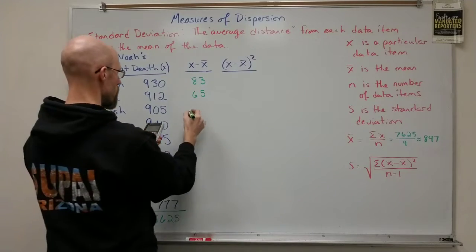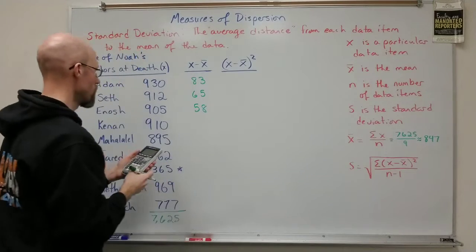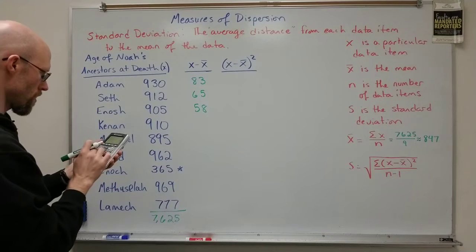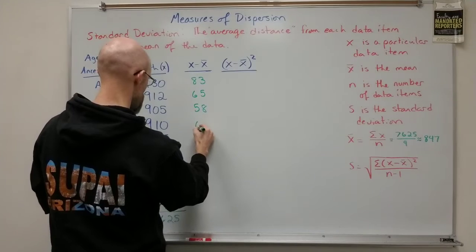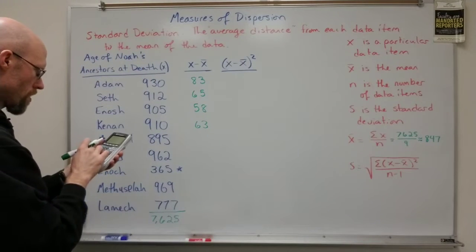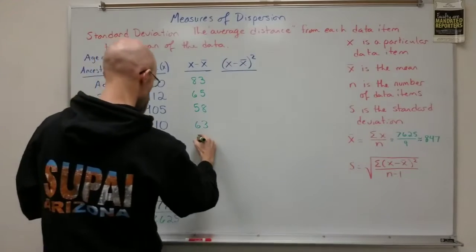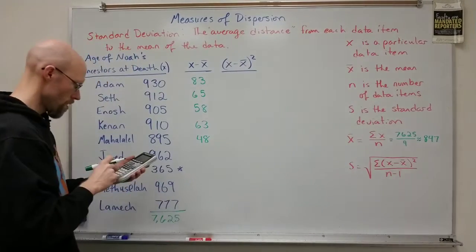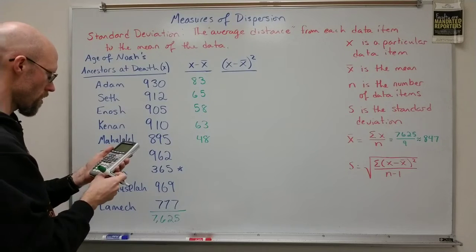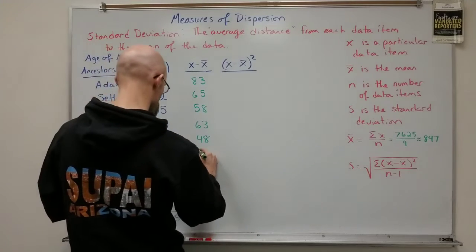905 minus 847 is 58. 910 minus 847 is 63. 895 minus 847 is 48. 962 minus 847 is 115.